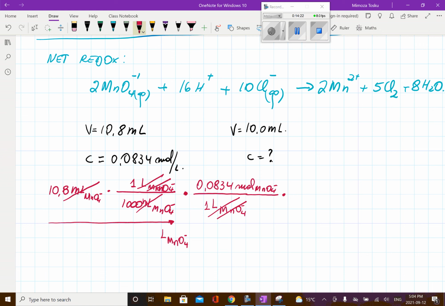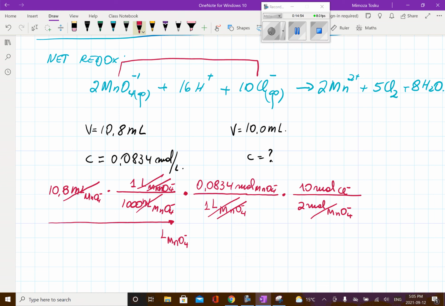And now to move from moles of permanganate to moles of chloride ion, we will use the molar ratio. So 2 moles of permanganate require 10 moles of chloride.